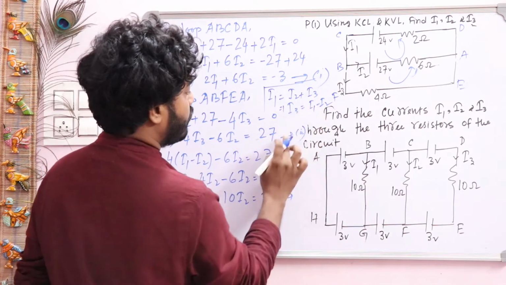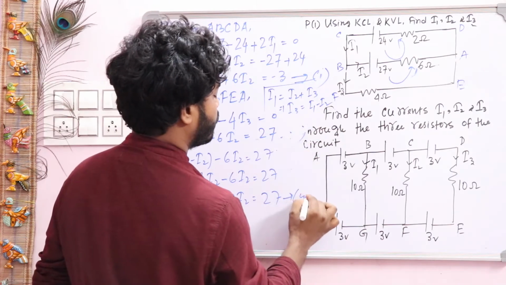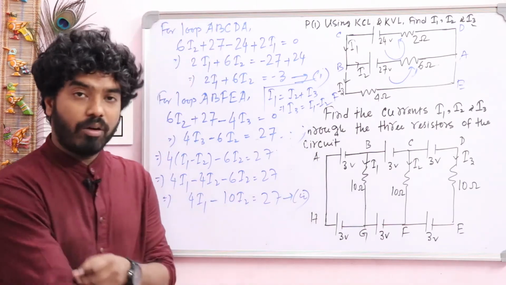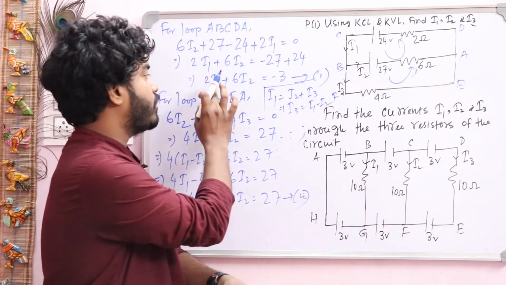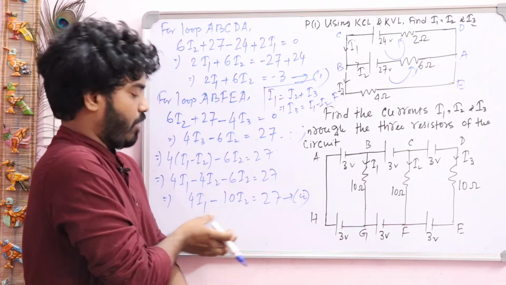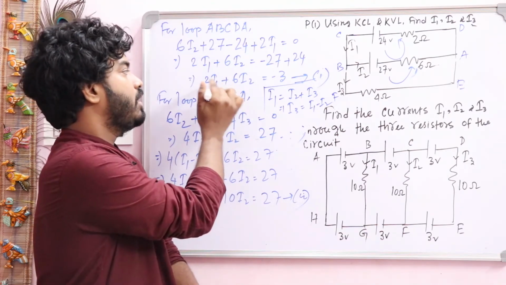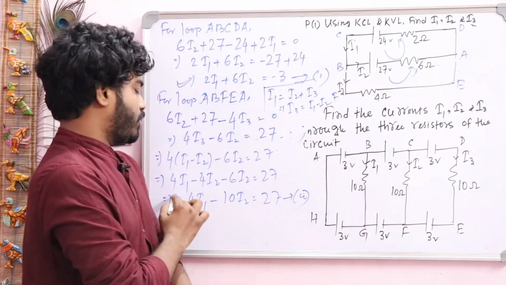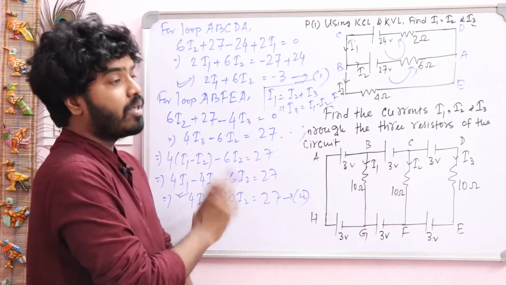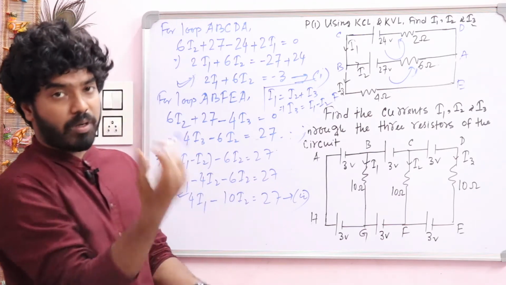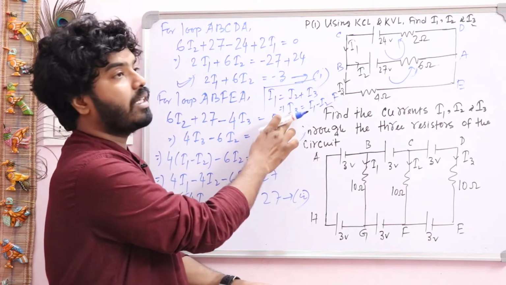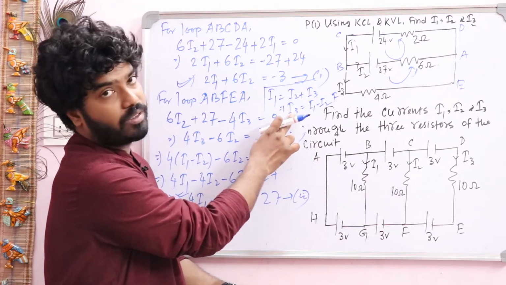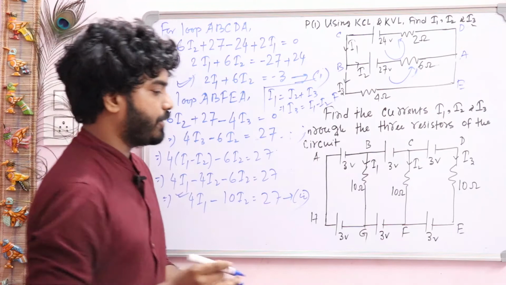So okay, you just consider this is our equation 2. Now you just check, there is equation I1 and I2 and there is also I1 and I2. So similarly here with the help of these two equations we can find out I1 and I2, and when we can find out I1 and I2, here we can easily find out with the help of this equation, that is I3. Okay, solve it.